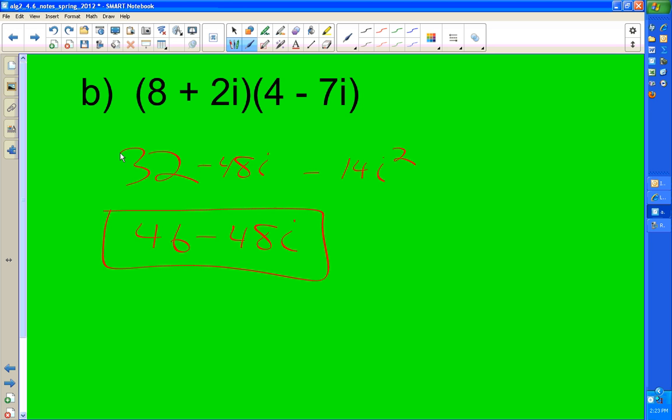Yes, sir. Since it's 2i, should this be like 2 plus i minus 2? We're multiplying now. What's x times x? If they were x's, x times x. I times i is i squared.